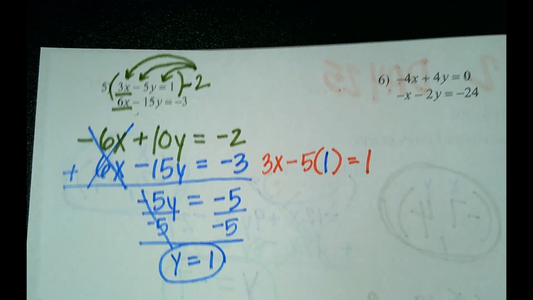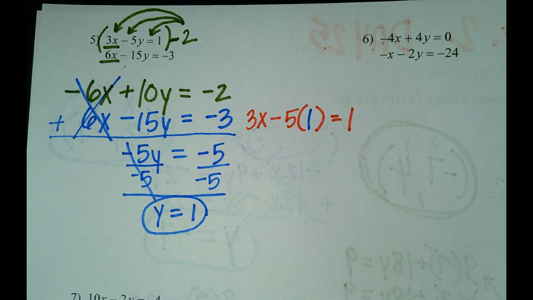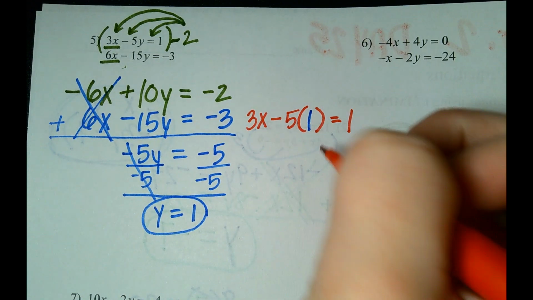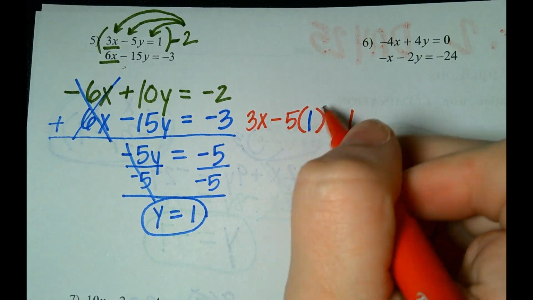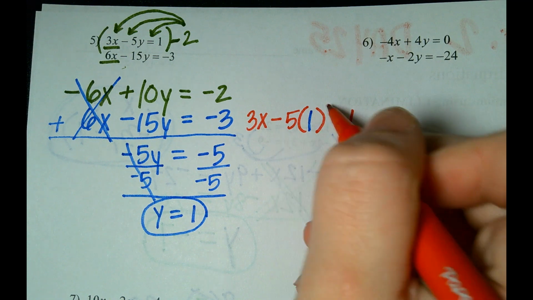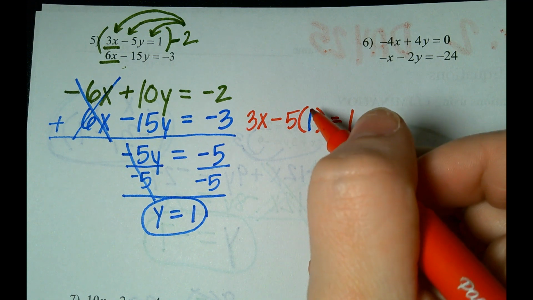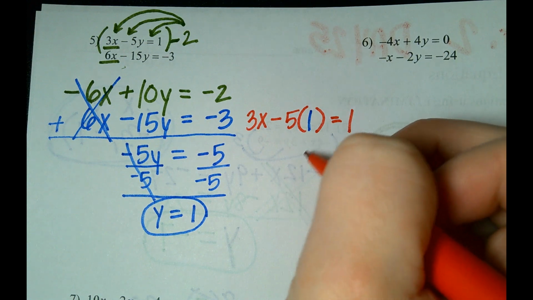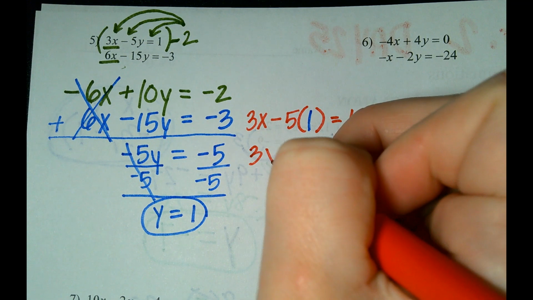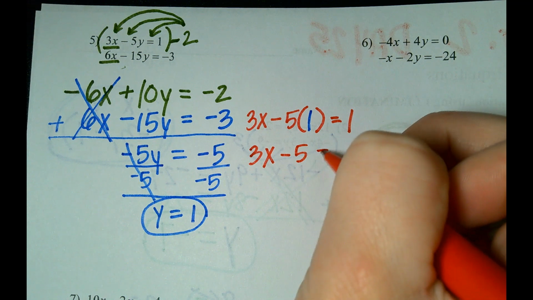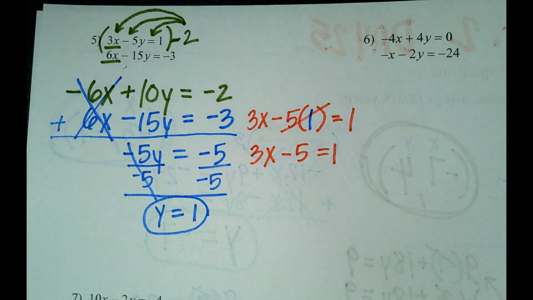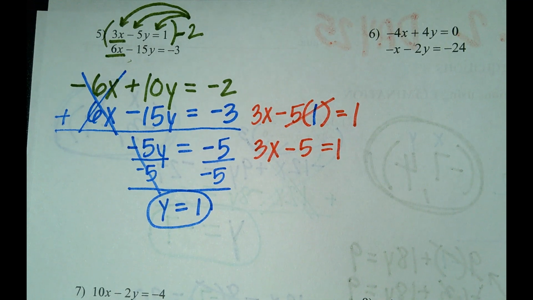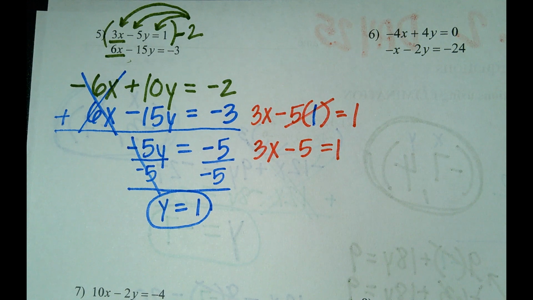So now to solve for x, the first thing we'll do is simplify that multiplication where we plugged in y, just like we've done on the other problems. Since it's -5 times 1, we're just going to have 3x minus 5 equals 1. And then we have 2 steps to solve here.